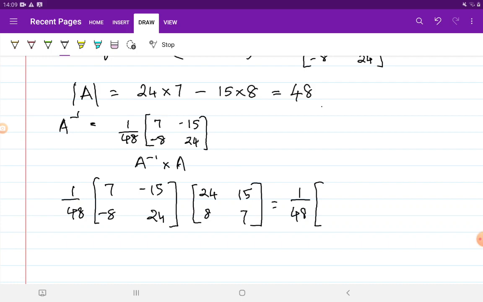Remember, matrix multiplication goes like this. Also, since this is a 2 cross 2 matrix and the second one is also a 2 cross 2 matrix, my resultant matrix will also be 2 cross 2.